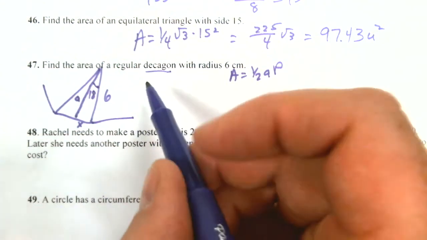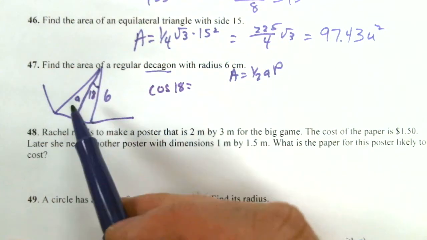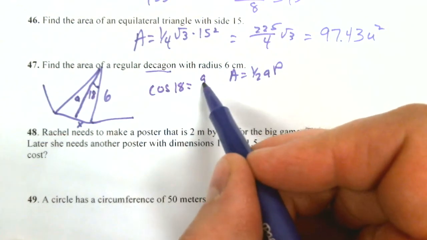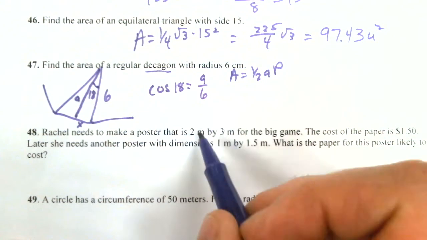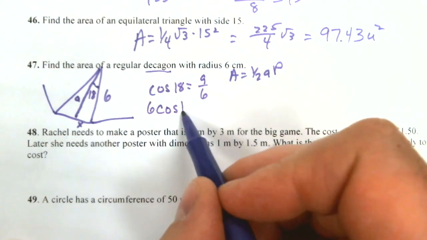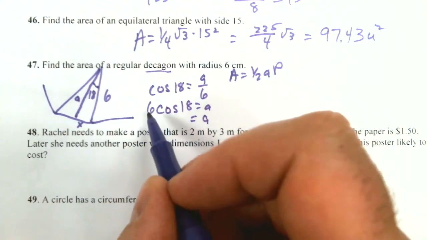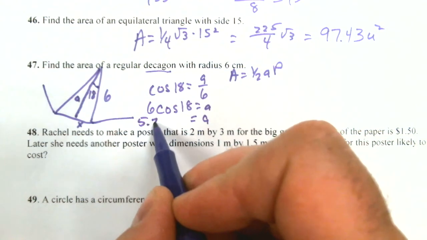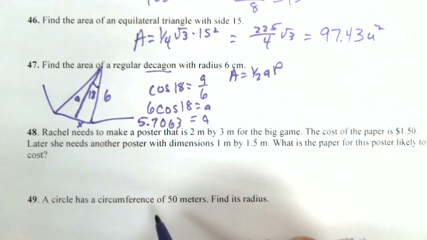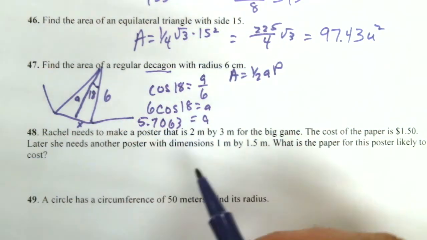So let's use the cosine of 18 degrees. Cosine is adjacent over hypotenuse. Multiplying both sides by 6, I get 6 cosine 18 equals my apothem. Simplifying that down, I'm going to get 5.7063. We also have to get this x because we're going to use that to find the perimeter.